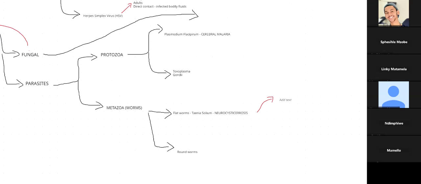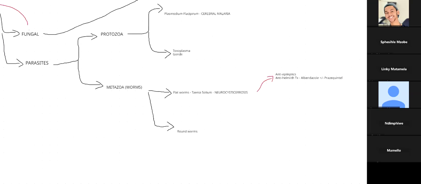Kill those worms. For example, albendazole, plus or minus praziquantel. So that's treatment for your neurocysticercosis.